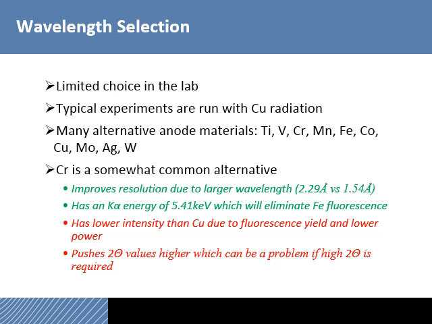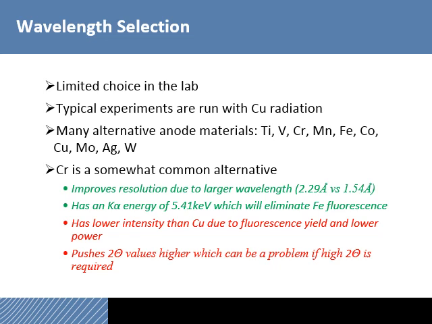The peak breadth is a function of the particle size, the sample itself, and the optics of the instrument. So the peak breadth won't change as a function of the anode material, but the larger wavelength will cause the pattern to stretch out a little bit and might deconvolute some of the peaks that might appear overlapped using a copper tube.